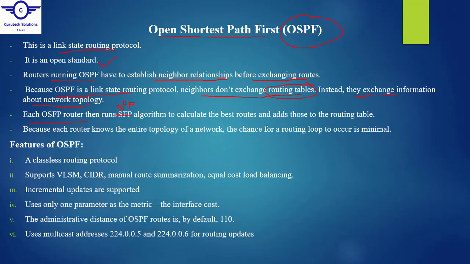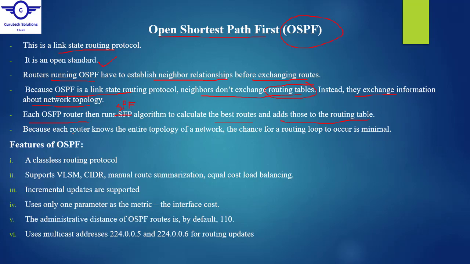They run the shortest path first algorithm to calculate the best routes and add those best routes to the routing table. Which algorithm does the OSPF protocol apply? SPF, the shortest path first algorithm.